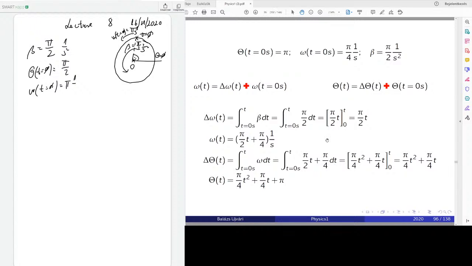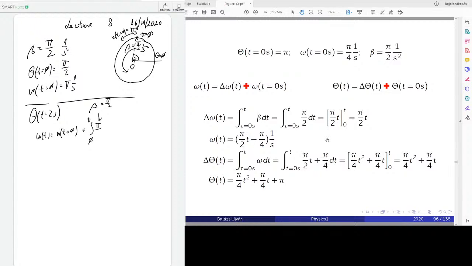The question: where is the body at t equals 2 seconds, for example? How to solve that? On the seminar you will solve some. Let's solve it now together. From the beta, which is pi over 2, I can calculate the omega: omega(t) equals omega(0) plus the integral from 0 to t of beta, which is pi over 2.